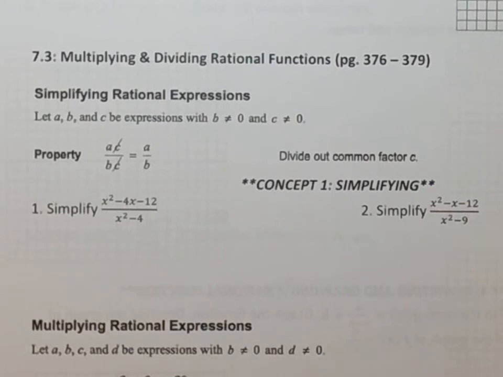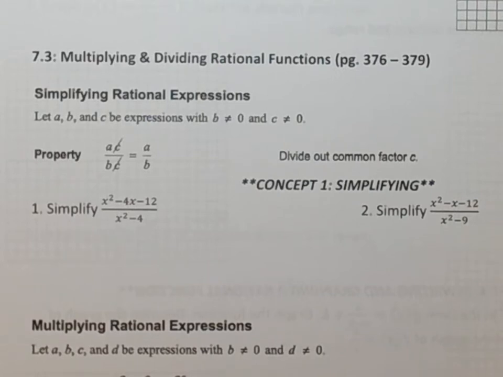Factor everything, numerator, denominator, factor as much as you can, factor completely, and then look to simplify by canceling things out. Now, what cancels out is monomials cancel with monomials, binomials cancel with binomials, trinomials cancel with trinomials.